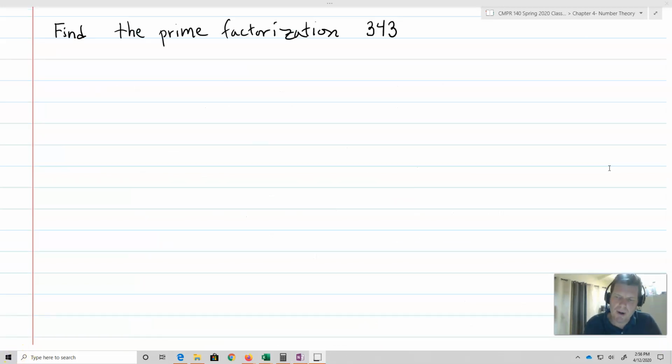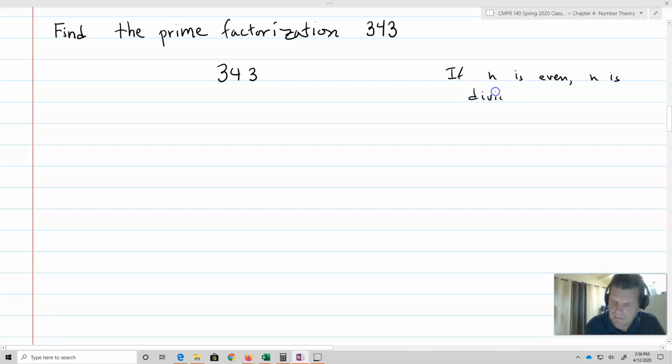So let's construct a prime factor tree for 343 to find its prime factorization. So we've got 343, and there are a couple of little facts that we probably want to know. If n is even, n is divisible by 2.